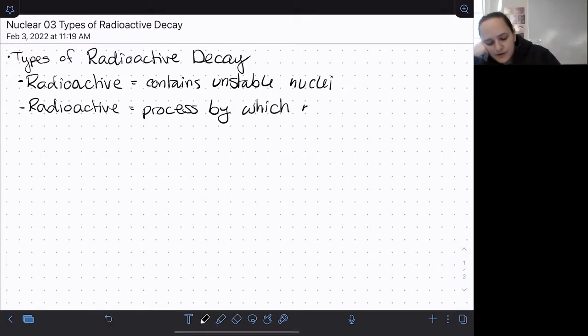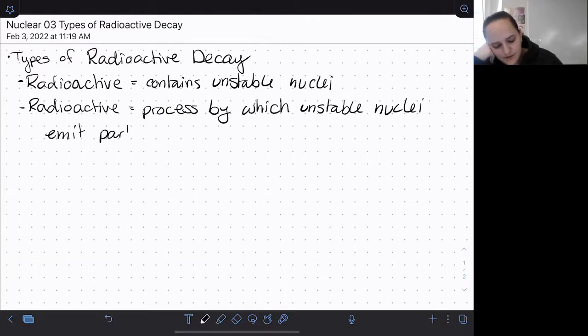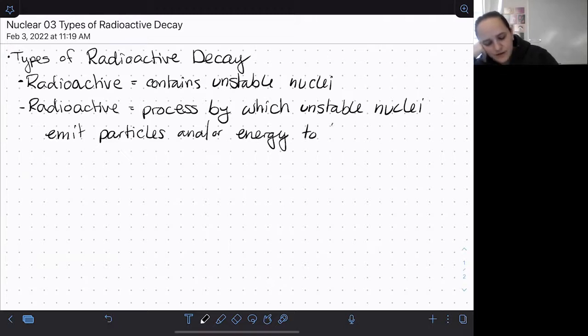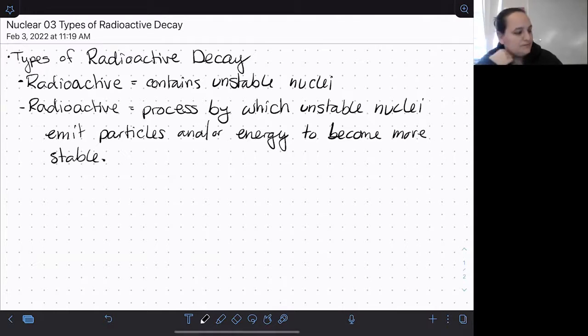So the process by which unstable nuclei emit some combination of particles and energy, so particles and/or energy, to become more stable. And there are 5 different types that we are going to talk about.